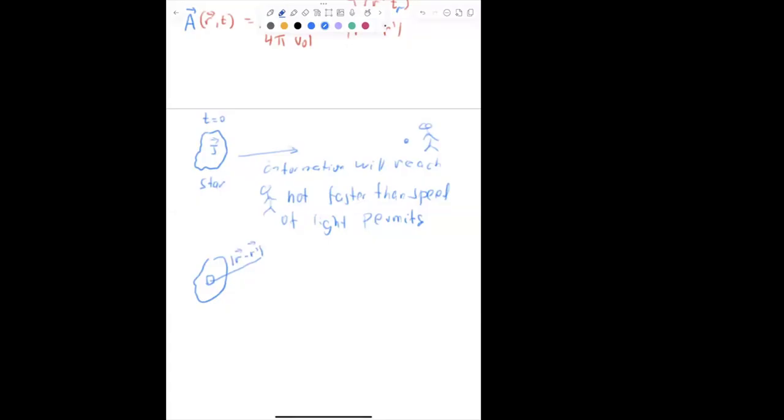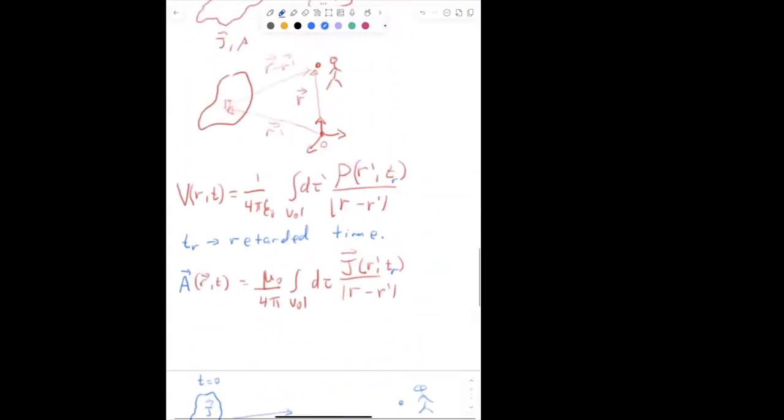And then I'm going to define the retarded time like this. This is a definition. It comes out of the equations. I'm not proving this right now. And this is a very important equation because it defines the retarded time which enters into these equations.